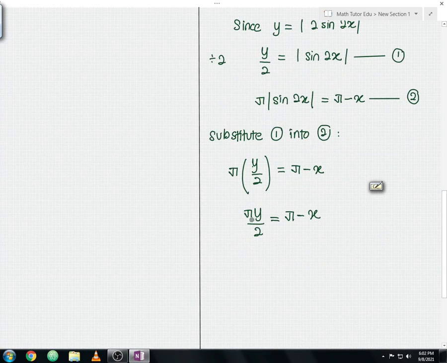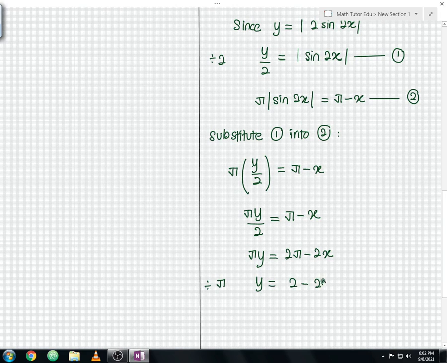So from here, pi y will be equals to 2 pi minus 2x. Okay, so for the next step, we're going to divide the whole equation by pi. So from here you get your equation y equals to 2 minus 2x over pi.